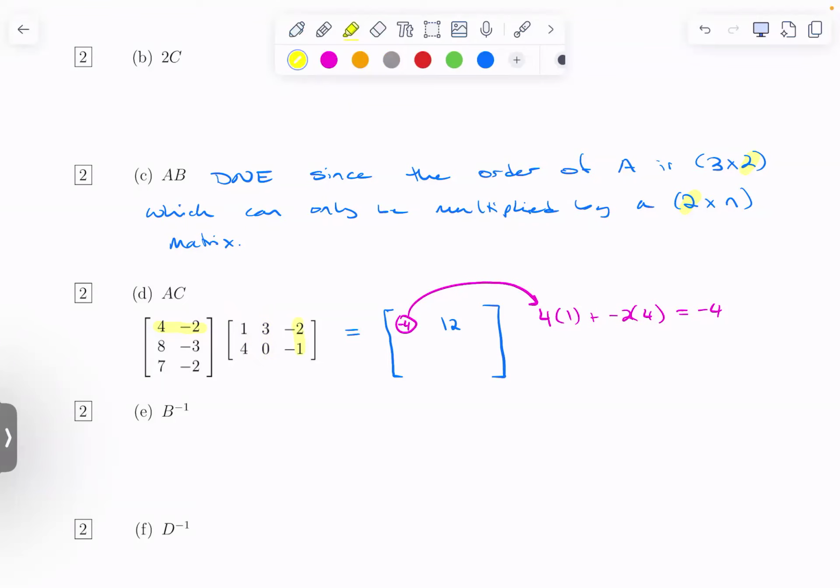Four times -2 is -8 plus -2 times -1, which is 2. 8 plus 2 is 10.